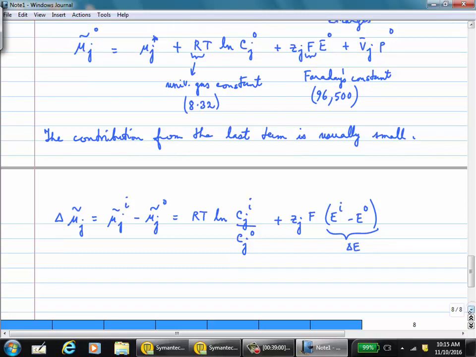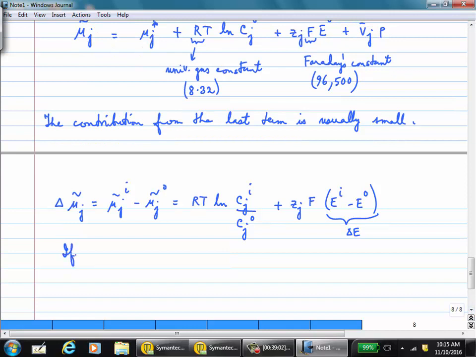Now, if delta mu j tilde, if this quantity is less than 0, then what can you say? If this is less than 0, that means the electrochemical potential outside is more or less? More outside. So that means the flow should be in which direction? The spontaneous flow? Outside to inside.